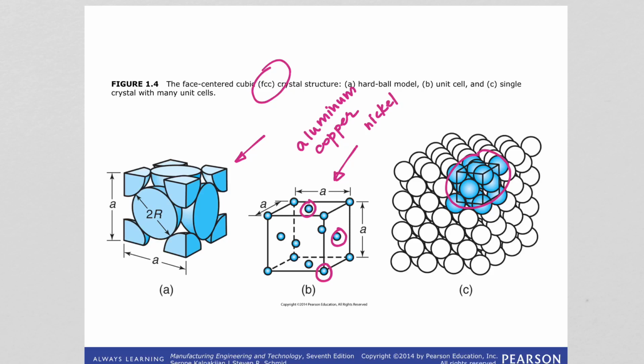Being FCC will determine a lot of things, such as the properties, such as deformations during manufacturing, etc. So it will directly affect a lot of things. Therefore, it is better to just get an idea. Let's say aluminum is FCC, copper is FCC, nickel, silver, gold.